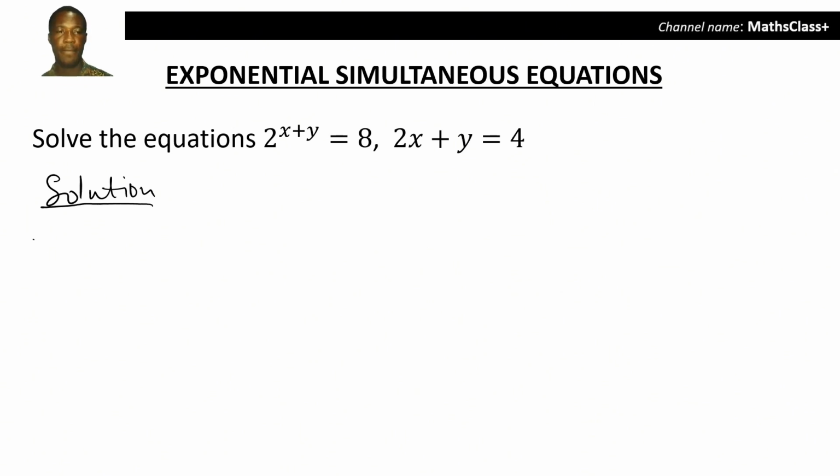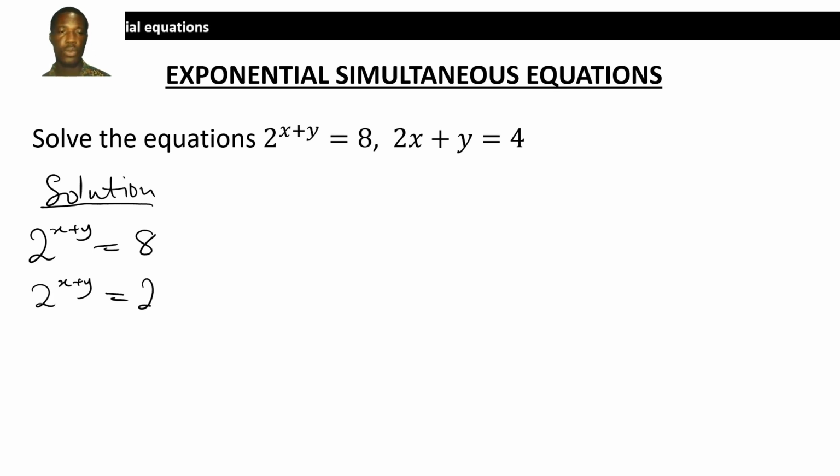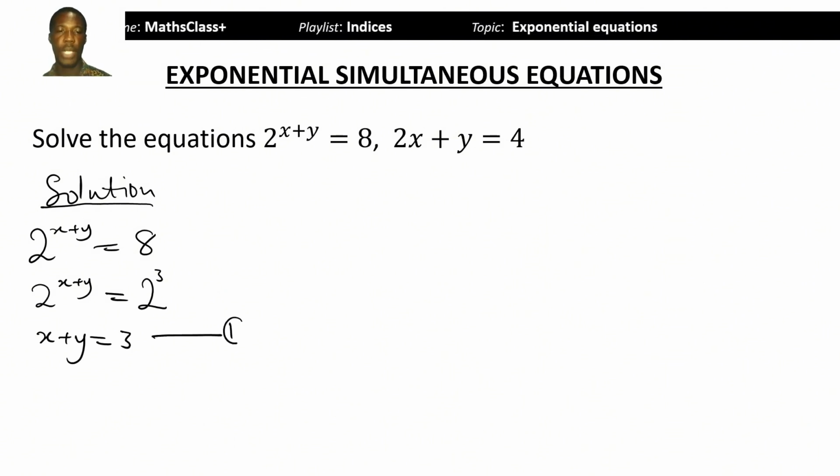Okay, so we have 2 to the power x plus y is equal to 8. This one we can rewrite as 2 to the power x plus y is equal to 2 to the power 3. Looking at the bases, we equate their exponents to get x plus y is equal to 3, and that will be our equation 1.